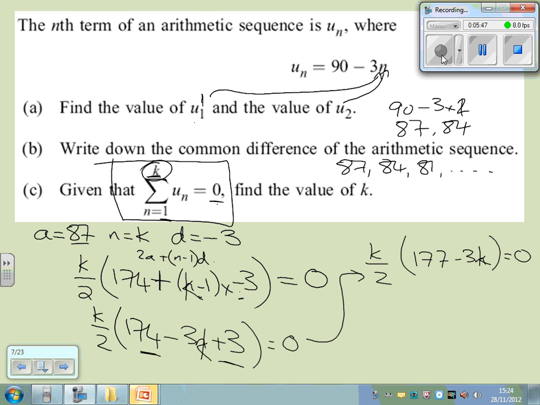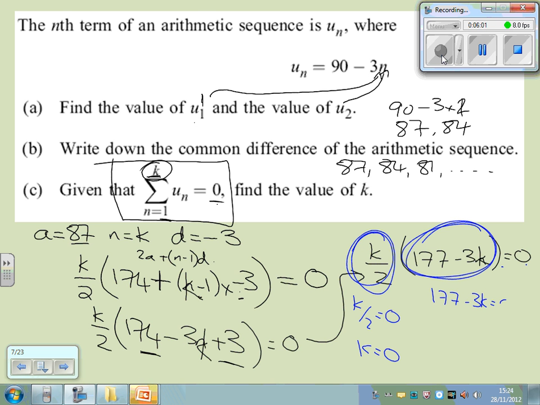Well, sorry about that. This is a multiplication sum. This thing times this thing equals 0. So either k over 2 equals 0, in that case, k is 0. Or 177 minus 3k equals 0. So 3k equals 177, and k equals, that's 59, isn't it? So k would be 59.